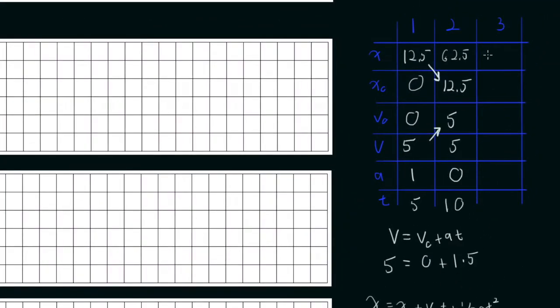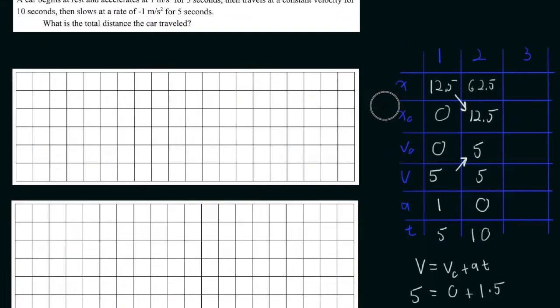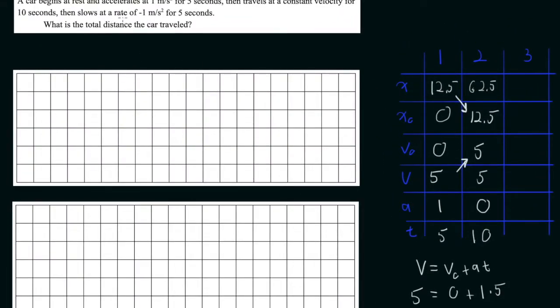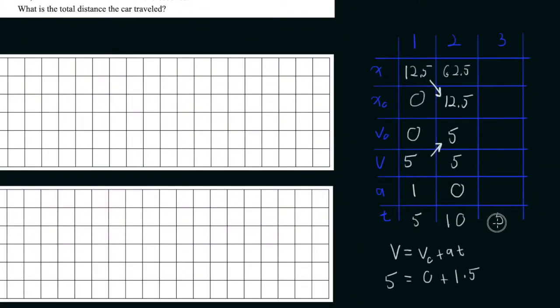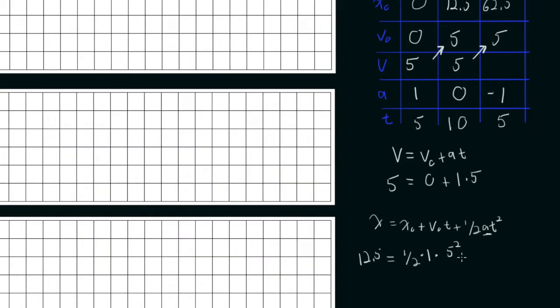So then our third piece of motion, what is this going to be? The car then slows at a rate of -1 meters per second squared for 5 seconds. So again, a time of 5, an acceleration of -1, and we use our previous final velocity for our new initial, and our previous final displacement for our new initial displacement. And so here, we're going to plug all of these variables into this same equation. So let's clear this.